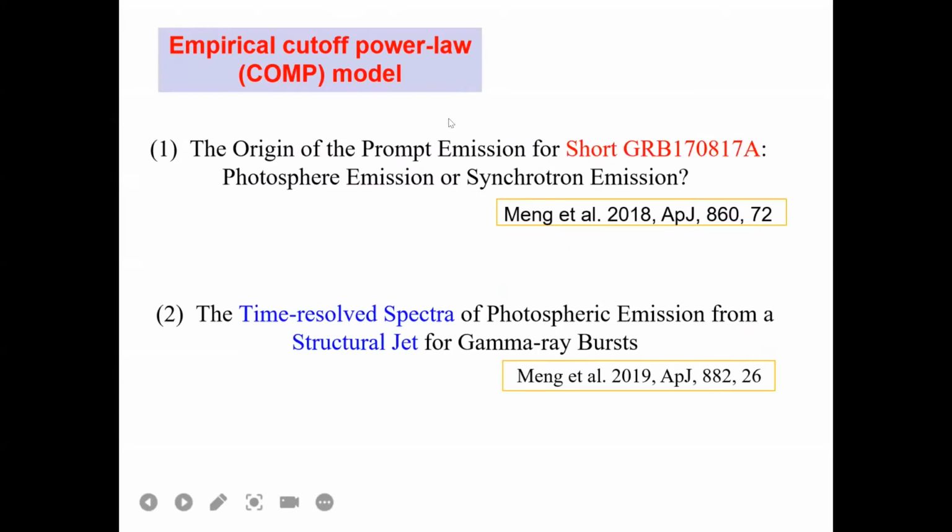In these two published papers of mine, I find that the bursts best fit by the empirical power law can be explained very well by this model, whether it's the time integral spectrum or the time-resolved spectrum.